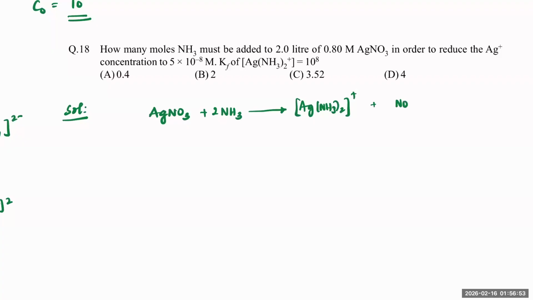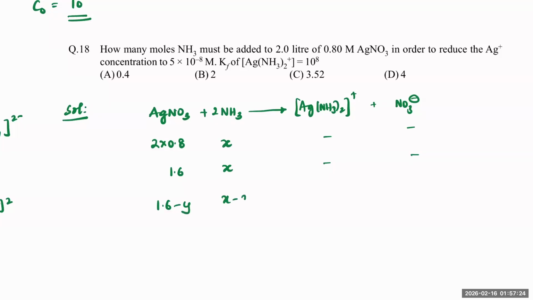plus NO3-. So now you can see this is 2 liters into 0.8, and let's say we have X moles here and this was not there. So initially we have a total of 1.6 moles here, X moles here, and nothing here. Now from this 1.6, some Y amount will be consumed here.